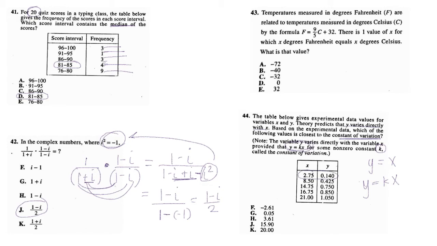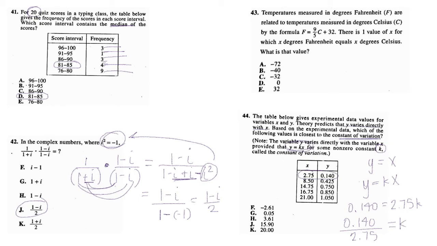So I'm just going to choose the first one here. So I have 0.140 equals 2.75k. So to solve for k, we would need to divide both sides by 2.75. And let's see, well, that should give us our k value.